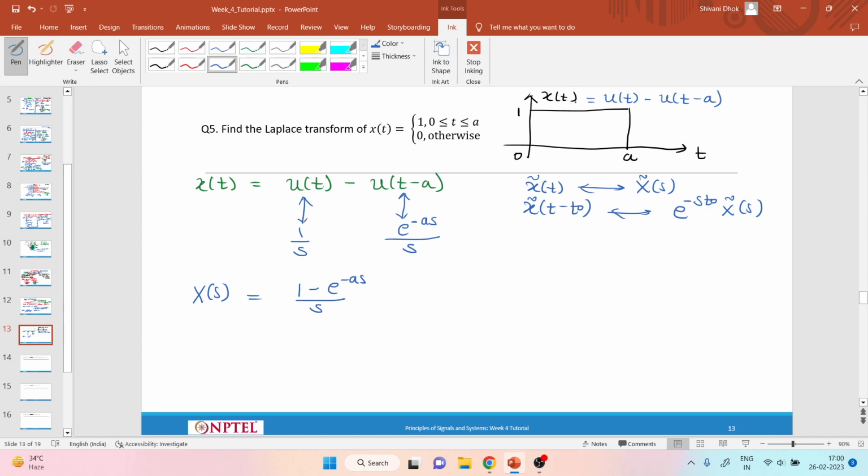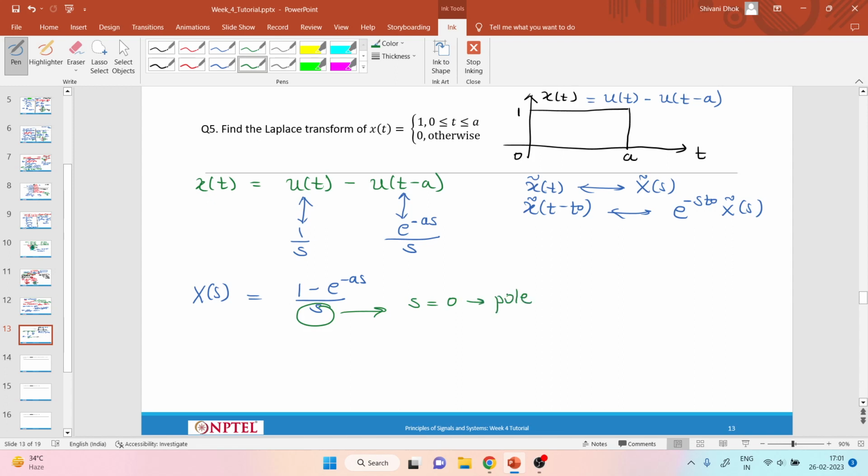Now this is a finite duration signal. If it is a finite duration signal, its Laplace transform is the entire S-plane with possibility of poles at s equal to 0 or s equal to plus minus infinity. Now we can observe that here we will be having a pole at s equal to 0. So this is a pole.